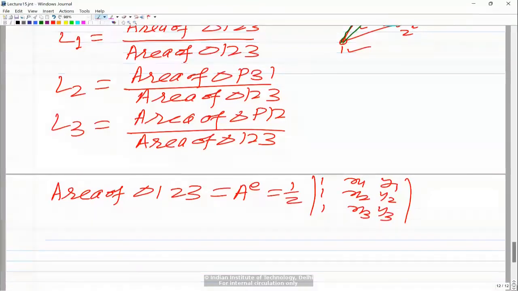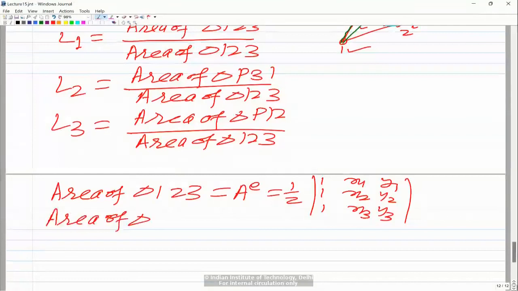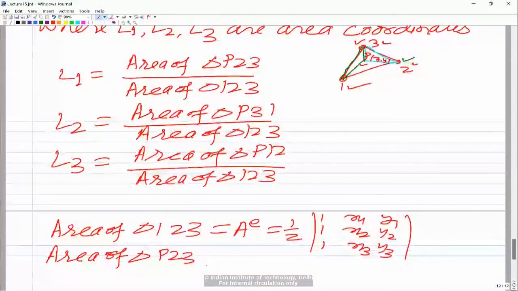Similarly, if you want the area of the triangle P23, let me denote it by A1, and this A1 would be half times the determinant. First P is coming, then 2, 3.